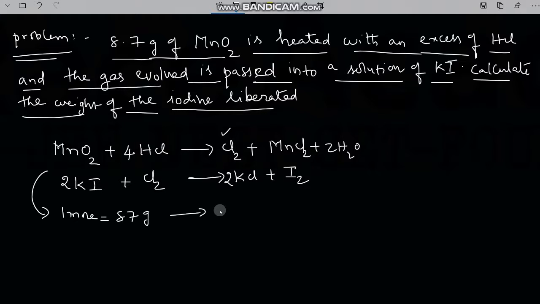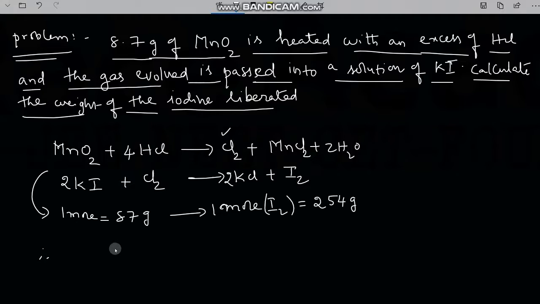So 1 mole of iodine equals the molar mass of iodine, 254 grams. So it is clear from the stoichiometric analysis.